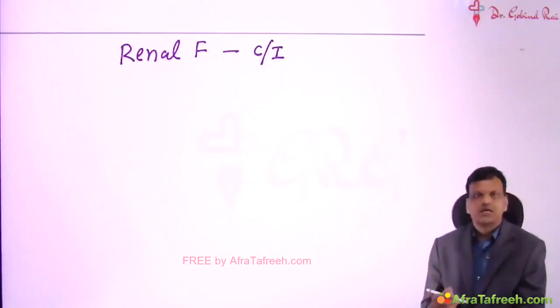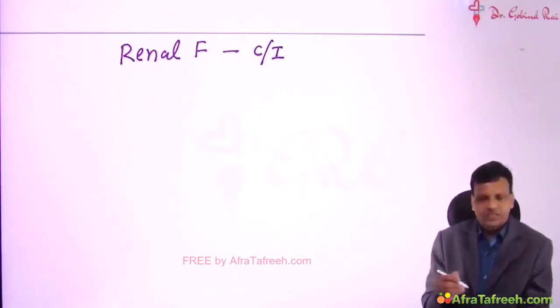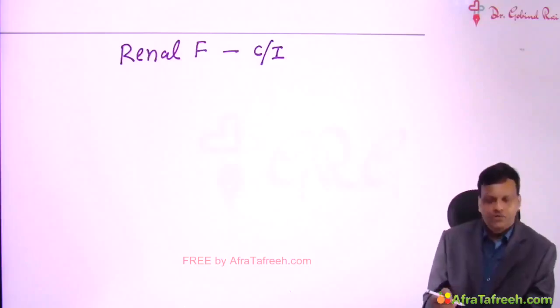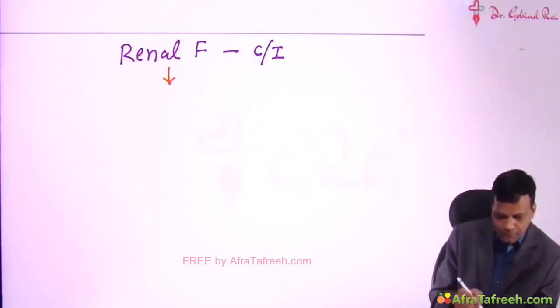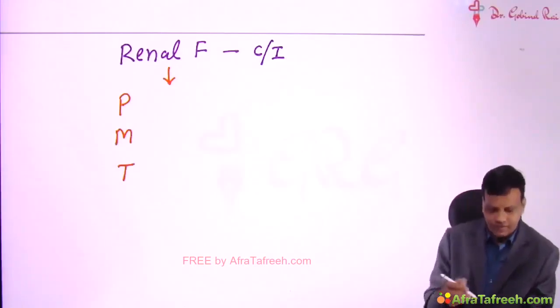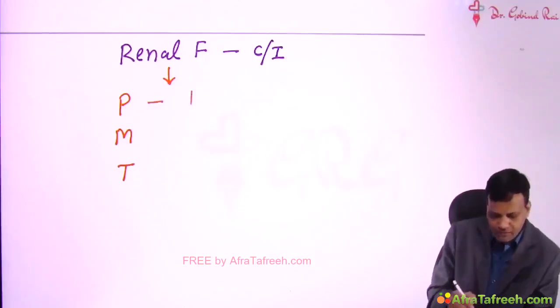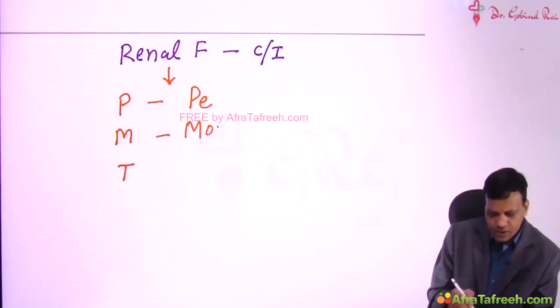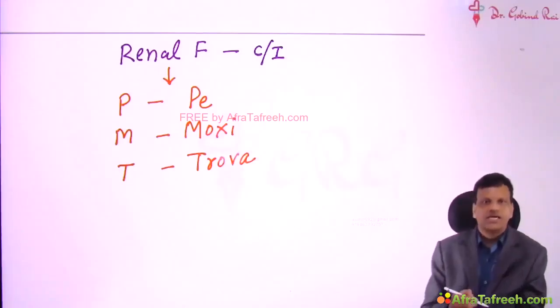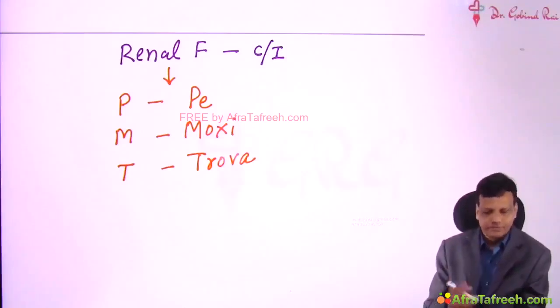The question asked is about exceptions, that means which fluoroquinolones are safe in renal failure. You can remember, you can give PMT in renal failure. PMT stands for pefloxacin, moxifloxacin and trovafloxacin. So these are safe in renal failure.